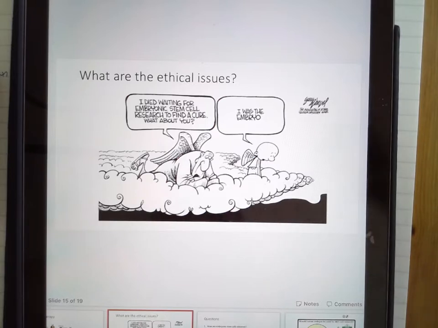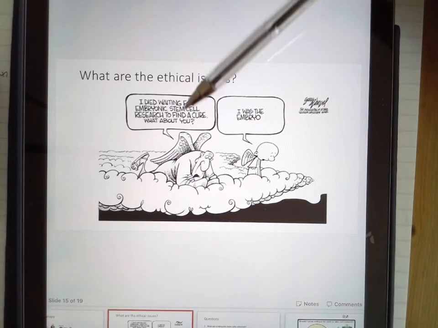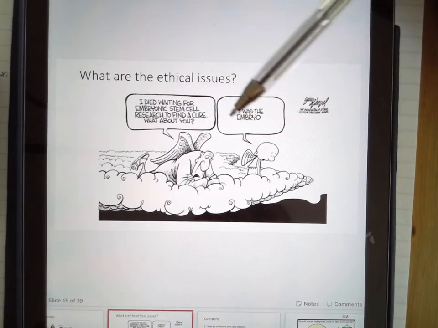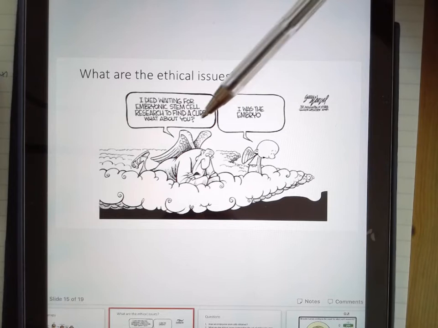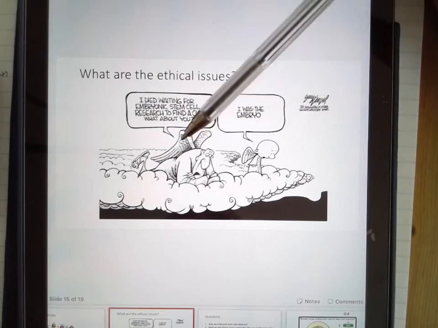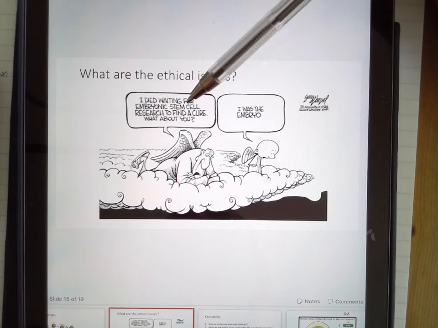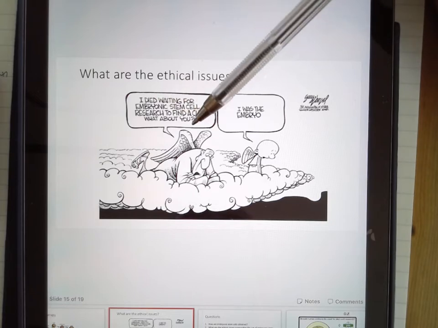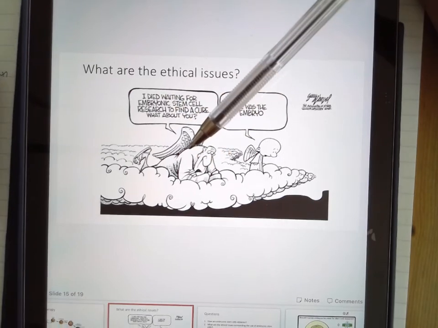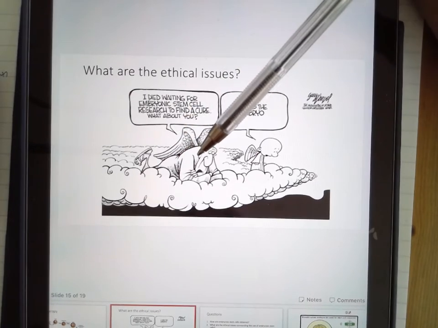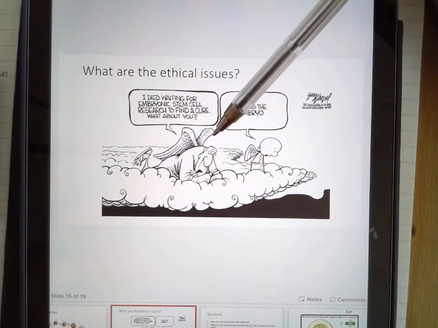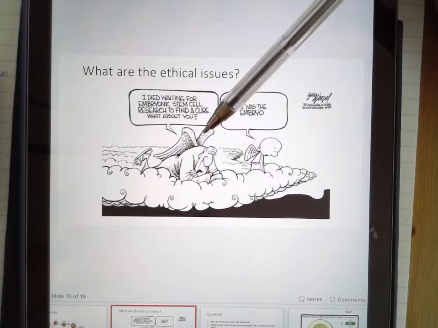But what you've got here is a depiction of heaven. Okay, you've got this kind of older gentleman here who said he died waiting for embryonic stem cell research to find a cure. Okay, so there's so many different diseases that just don't have cures, and so many really, really debilitating diseases that just don't have cures.